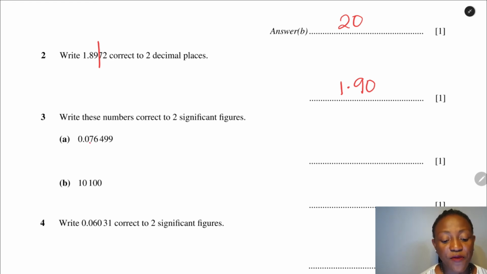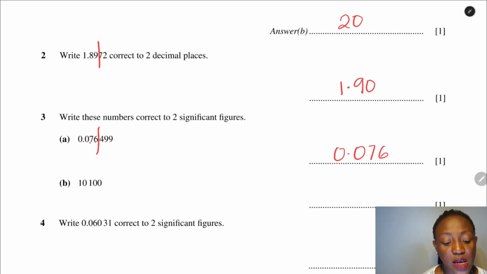So right here is our first significant figure. Our second significant figure will be the 6 because that's the digit after the first significant figure. Since we have been asked to write this number correct to 2 significant figures, we're going to put our slash here. We consider the digit after. It happens to be 4, so we round down. So this number correct to 2 significant figures will be 0.076. That's the answer there.